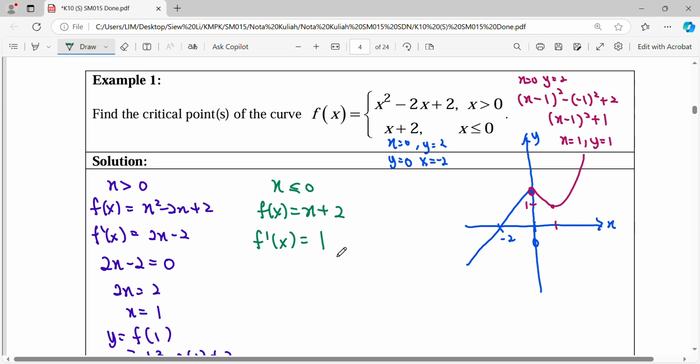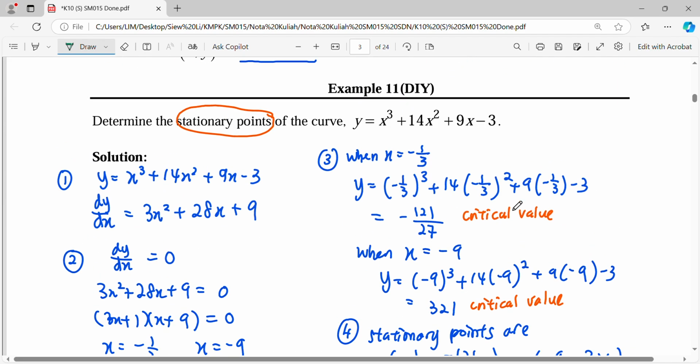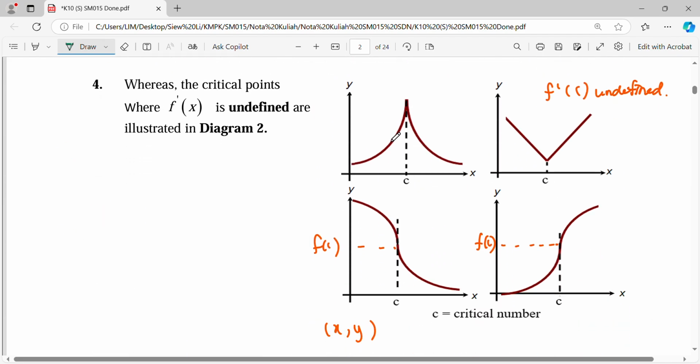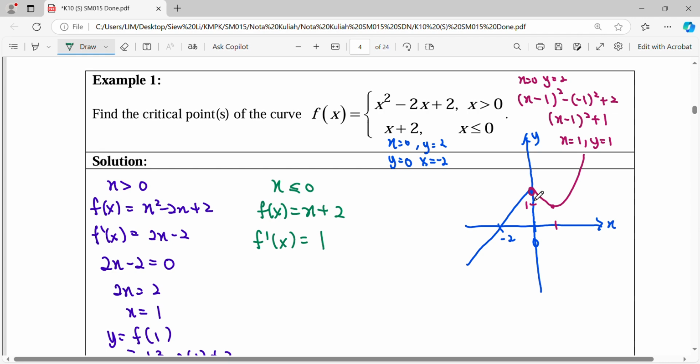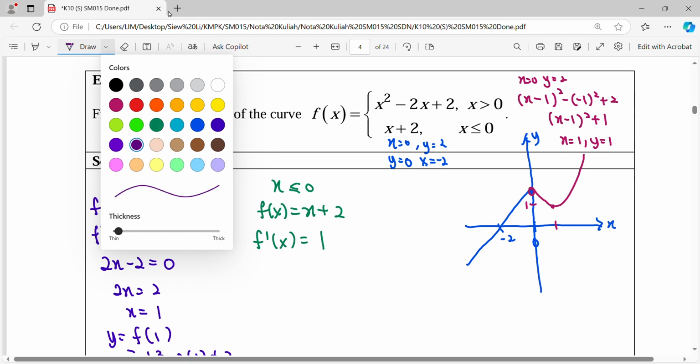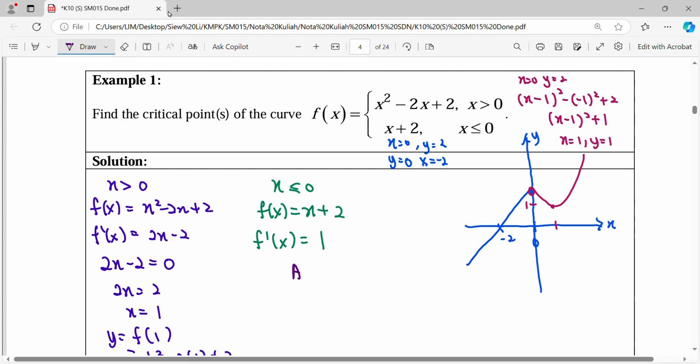Alright? So, one more. We have a changing point. This is a situation of a critical point where one graph connects to another graph. When we get a piecewise function, we have one point here. Therefore, we can analyze here. At x equals to the changing point here, which is 0. So, when x equals to 0, we look at the right side and the left side. For x more than 0, your function is a quadratic.